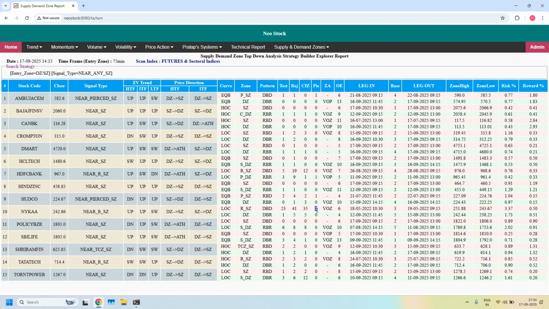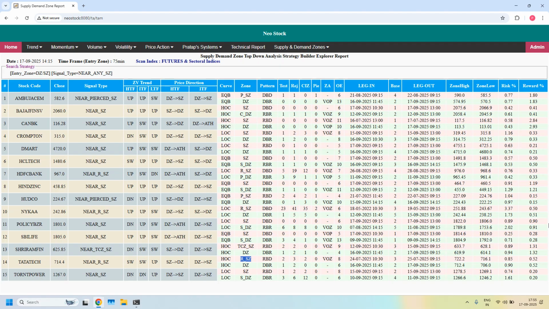Nykaa is not valid, it is a pierced zone. Next one is Tata Tech. Tata Tech is having a 75 minutes high liquidity supply zone. So we got only 2 stocks.